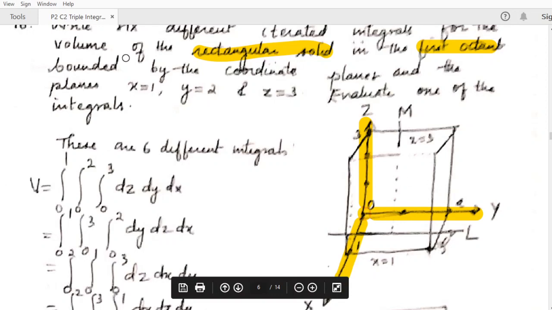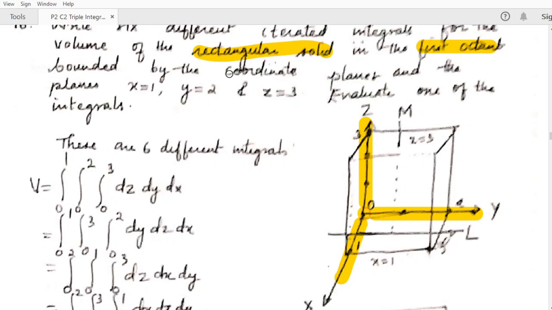Now another thing they have told is that it is bounded by the coordinate planes and the planes x equal to 1, y equal to 2 and z equal to 3. So first let us see what the coordinate planes are. The first is our xy plane.